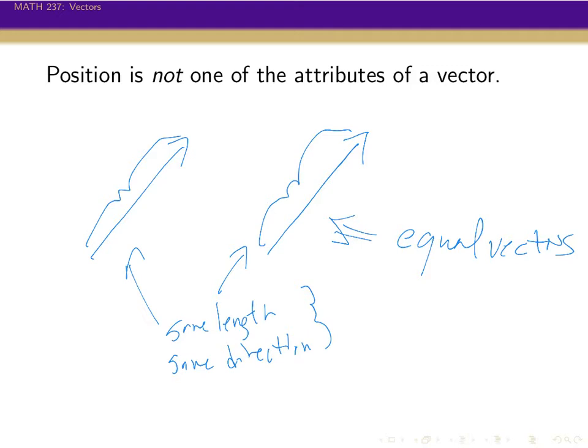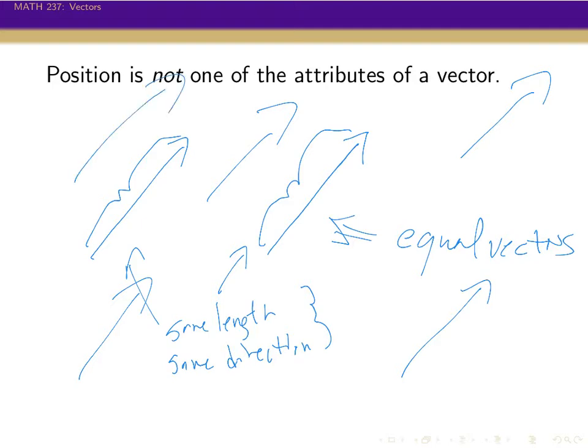What this means is that you can take a vector and move it around anywhere you want as long as it has the same length and the same direction. It's all the same vector. Imagine those are all the same length and all the same direction. These are all going to be considered equal vectors.